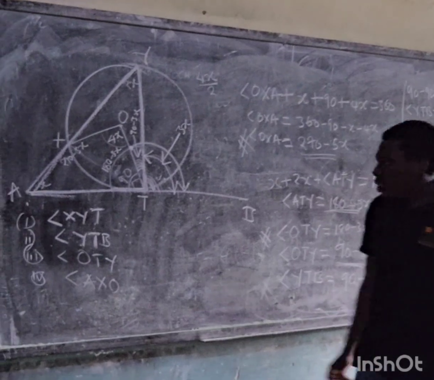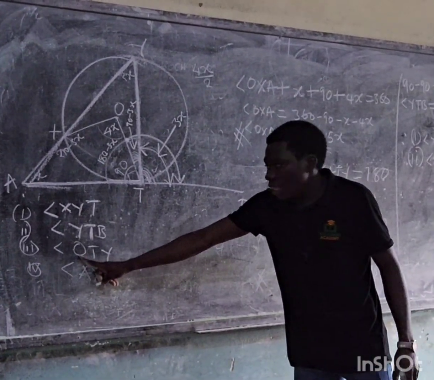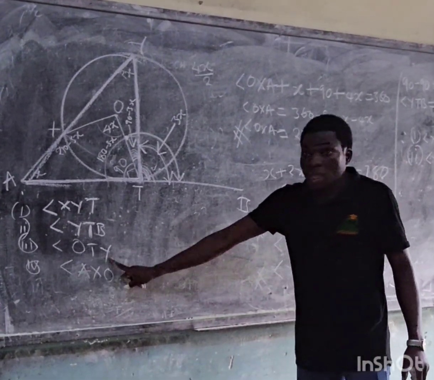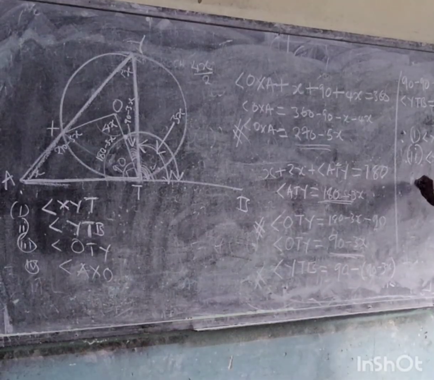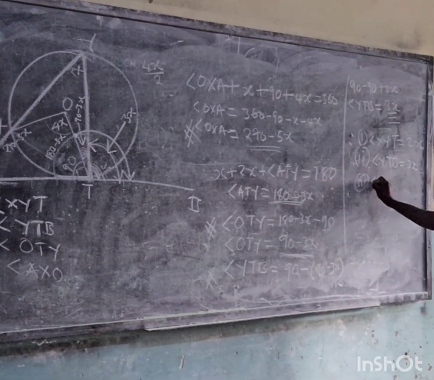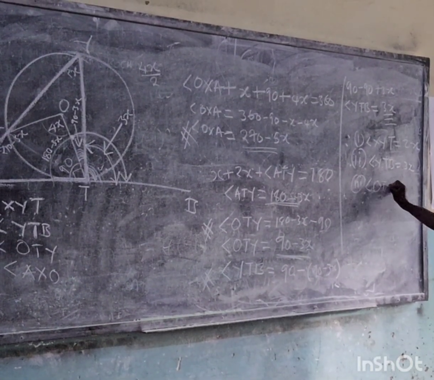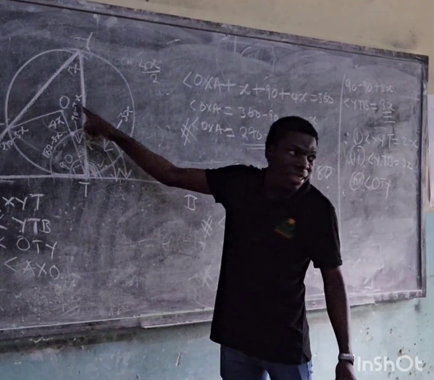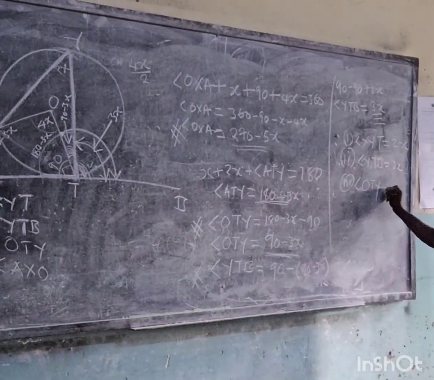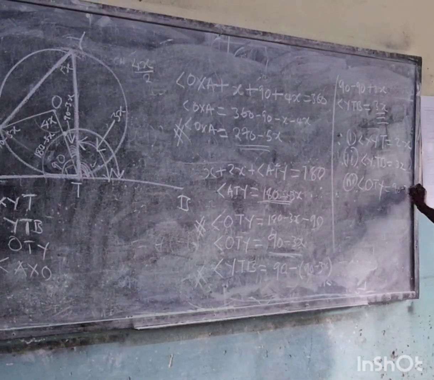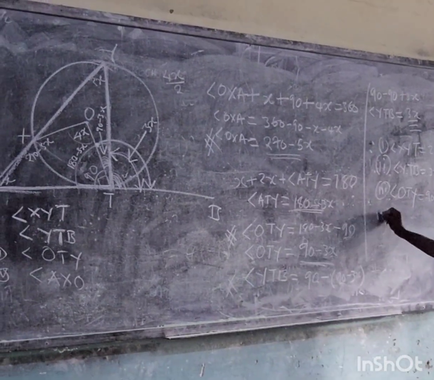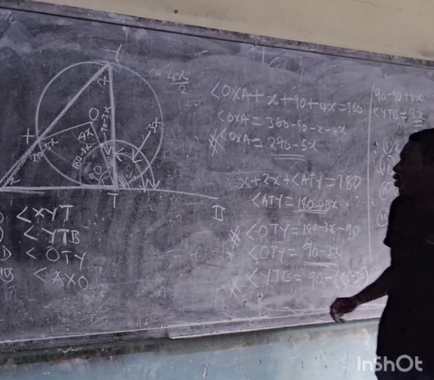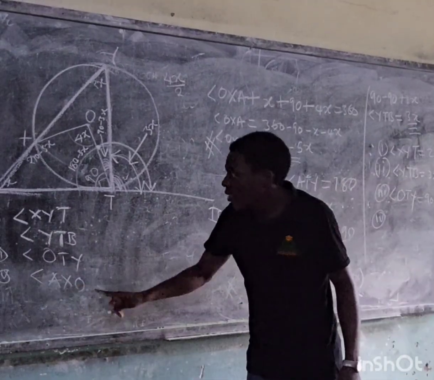Then you go to Roman numeral 3 where they're saying find angle OTY. What is angle OTY? OTY is 90 minus 3x. So you write 90 minus 3x. Then from there, number 4, they are saying find angle AXO.